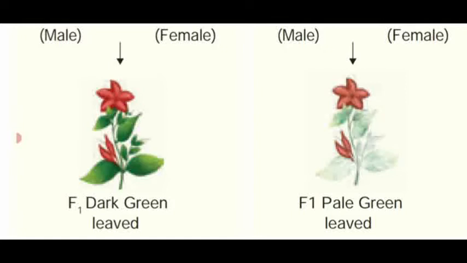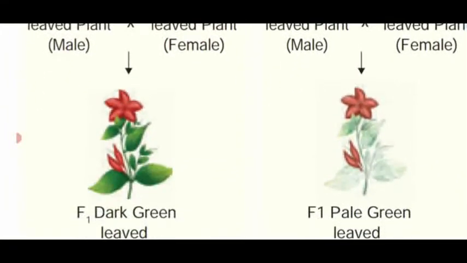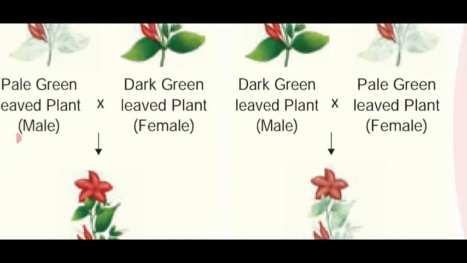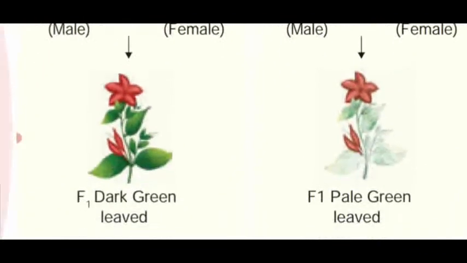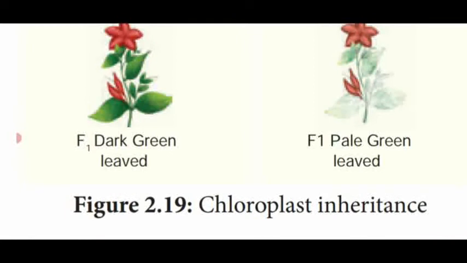But the reciprocal reaction takes place by changing the parental character, and we get a different combination. In one cross they express the female characteristic feature, and in the second, reciprocal cross, they also express the female characteristic feature. That is the best example of chloroplast inheritance.